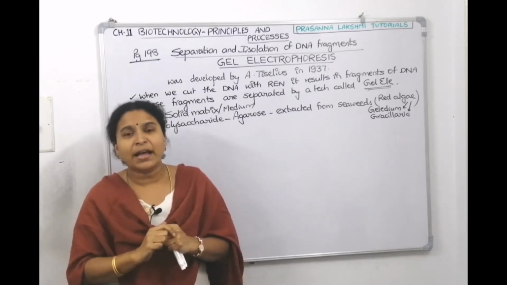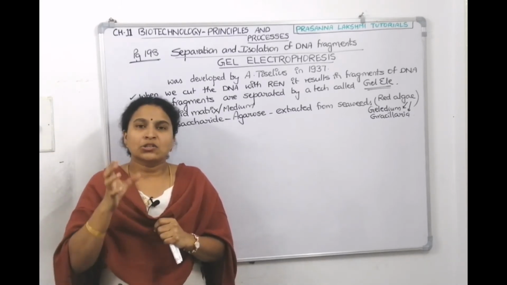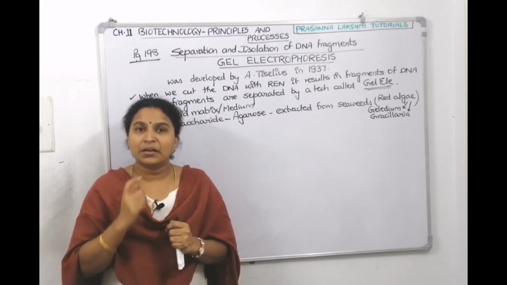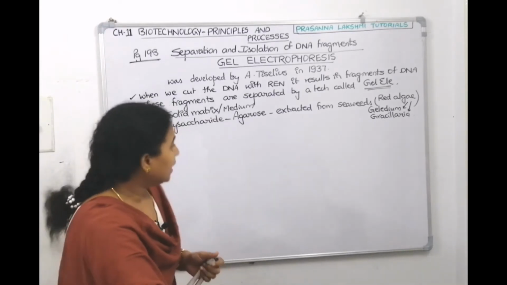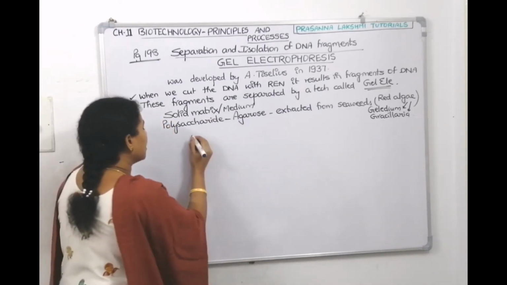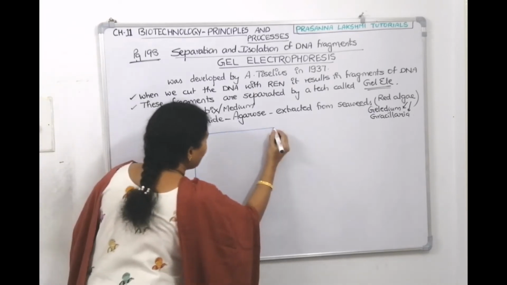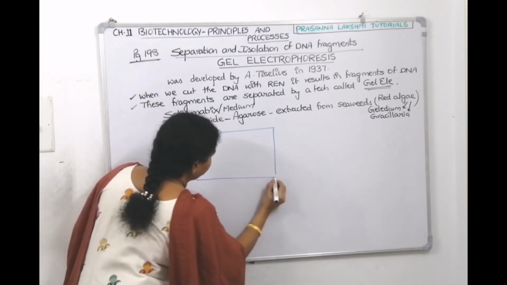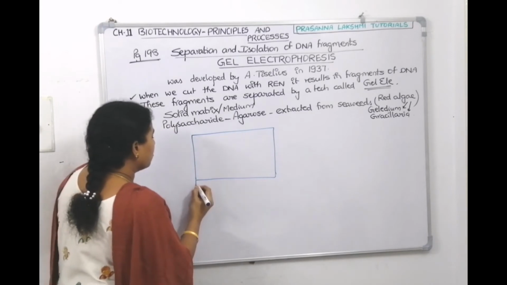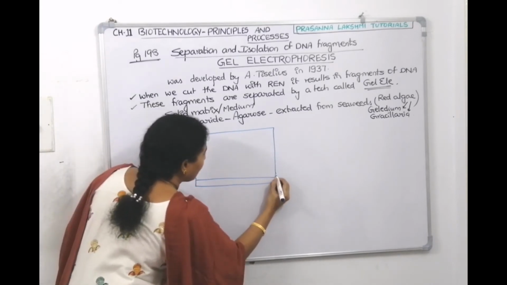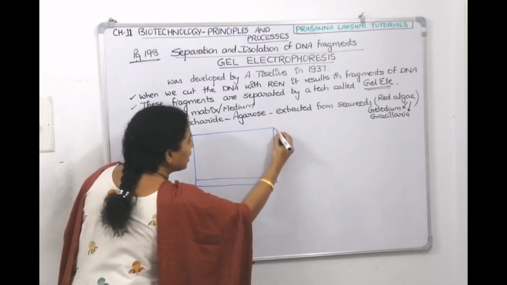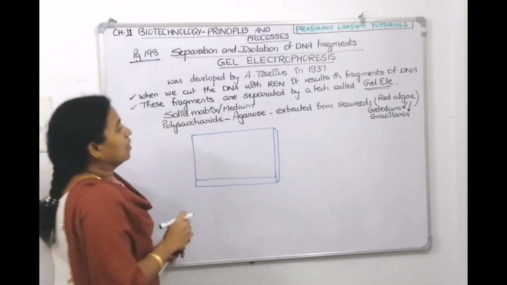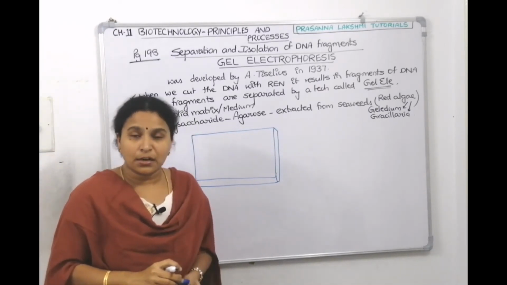When you heat it, it will become jelly-like. After it gets jelly-like, take a tray and pour the gel in the tray. This is the tray which they have shown in NCERT. Pour the gel and allow the gel to settle, cool it.